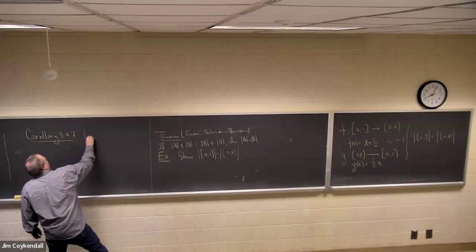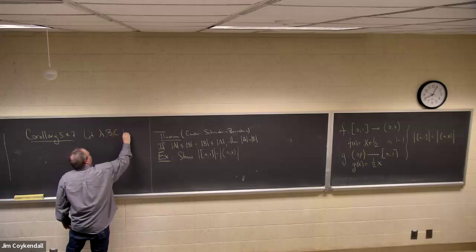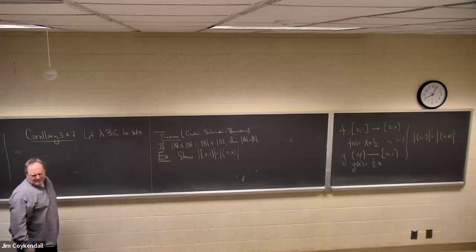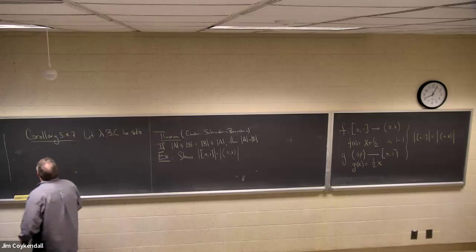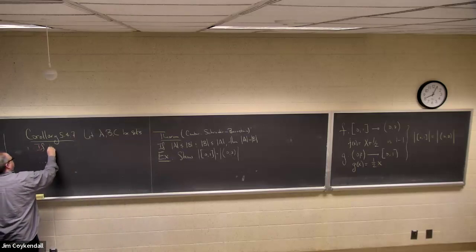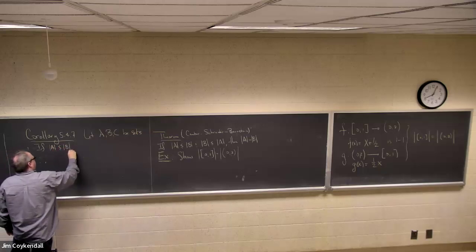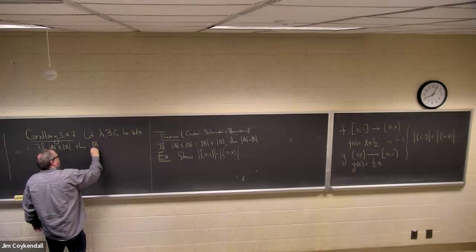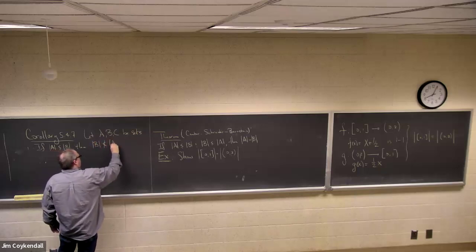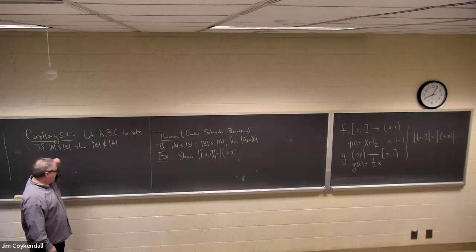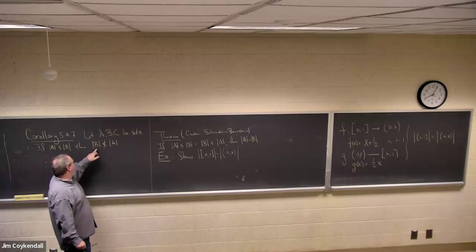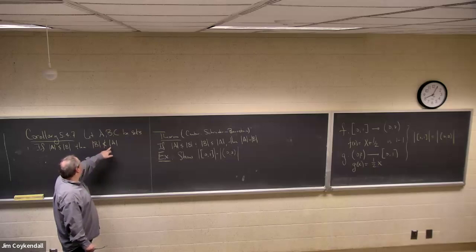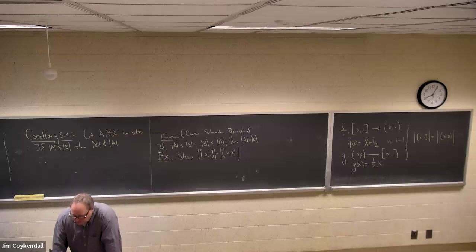Okay, so let me give you a corollary to this. A, B, and C are sets. If there's a one-to-one map that goes from A into B, then it's not the case that any one-to-one map from B into A has to exist.